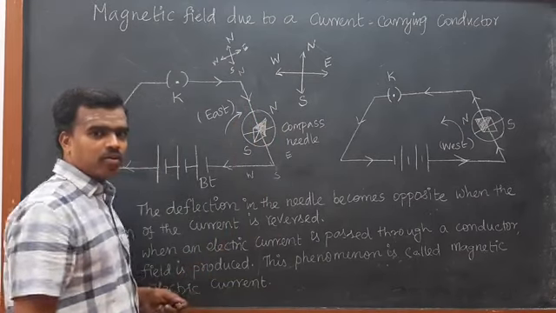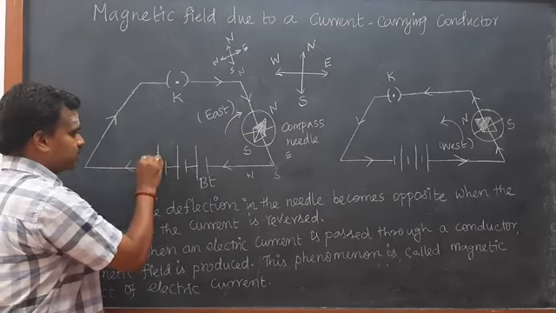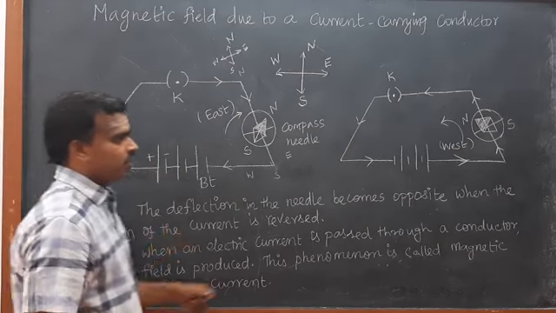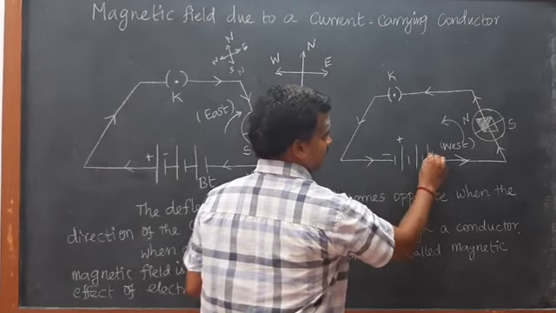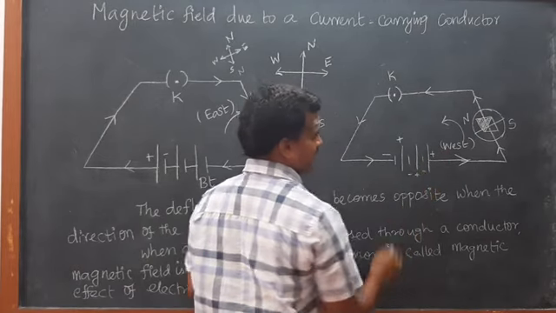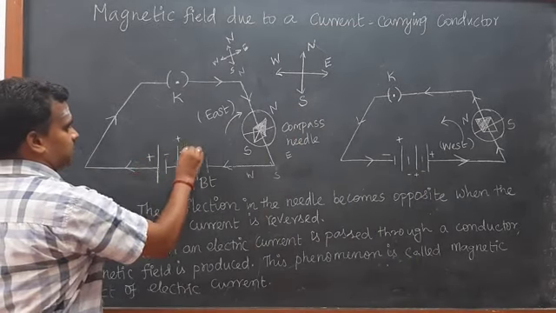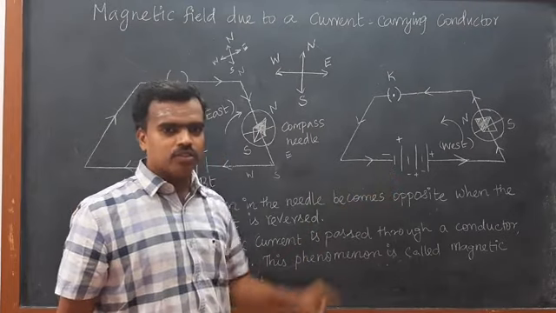In the same scenario, I am going to change the polarity of this battery. Polarity means this plus and minus. This side is now minus and this side is plus. So I interchanged the polarity. What will happen?